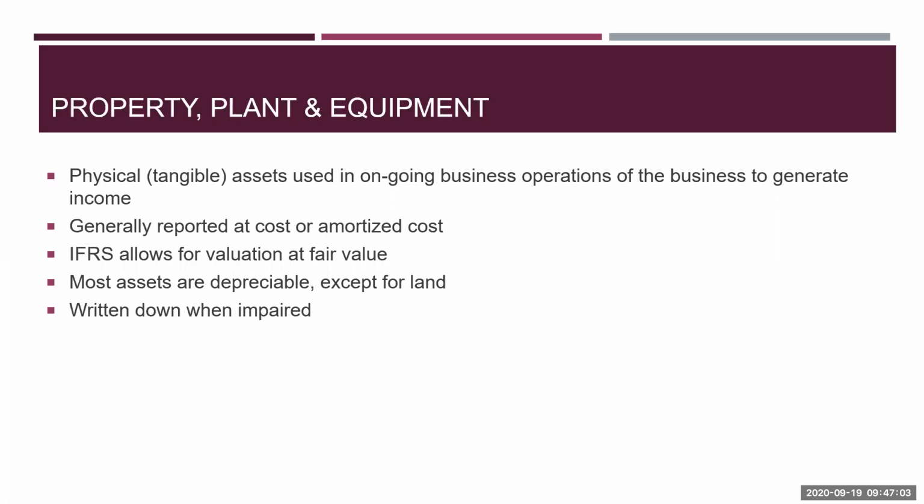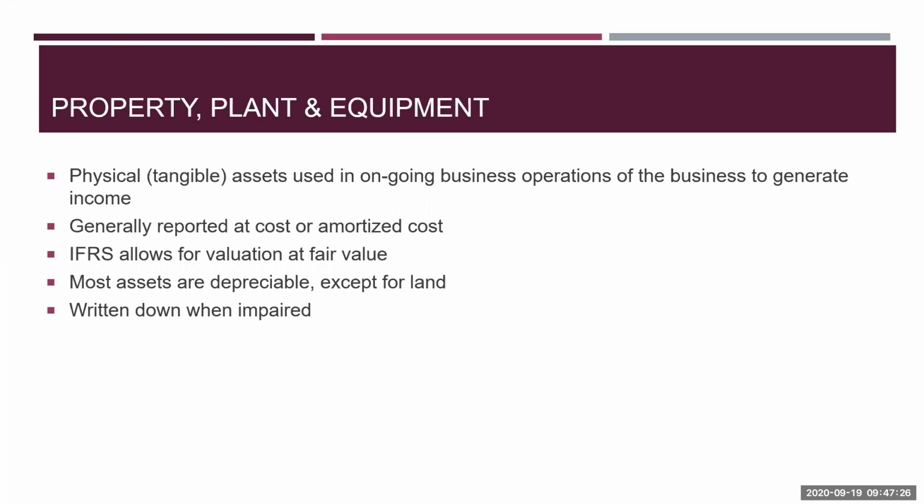These assets are reported at historical cost. If you think of amortized cost, your asset is reported at historical cost, but right underneath the asset, you will also see a line for accumulated depreciation, and then you see the net asset on the books. That is your amortized cost.